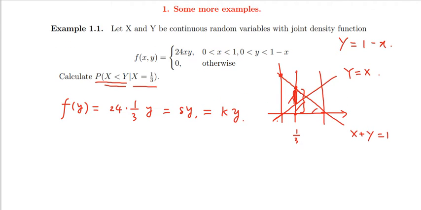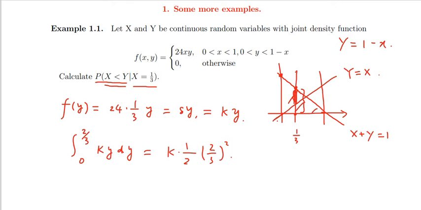So the total probability is the integral of y from 0 to 2 over 3. When x equals 1 over 3, y is that. So k y dy, totally this equals k times half times 2 over 3 squared.